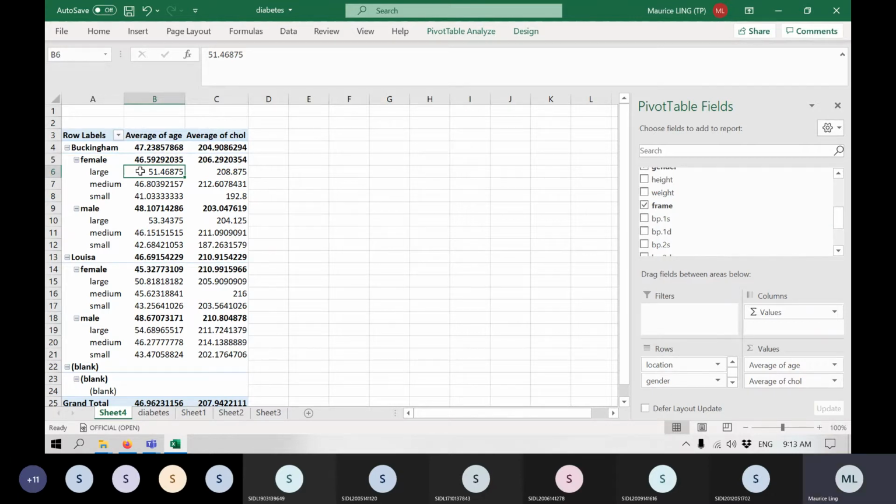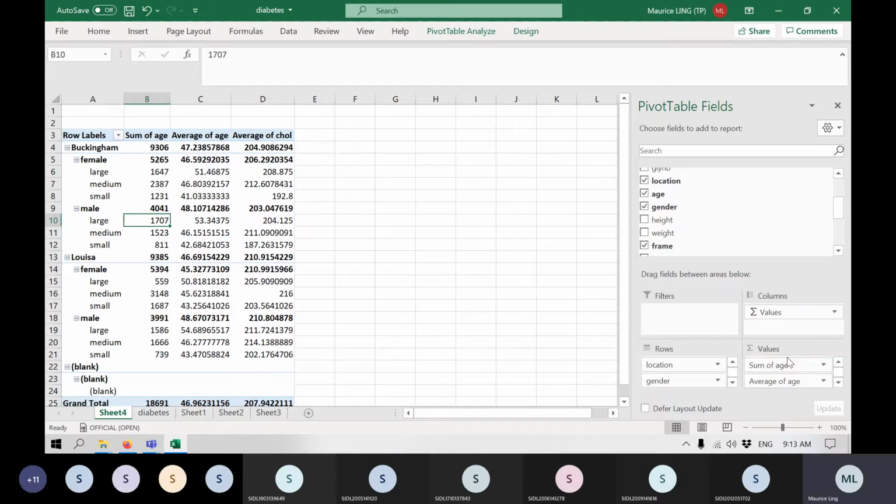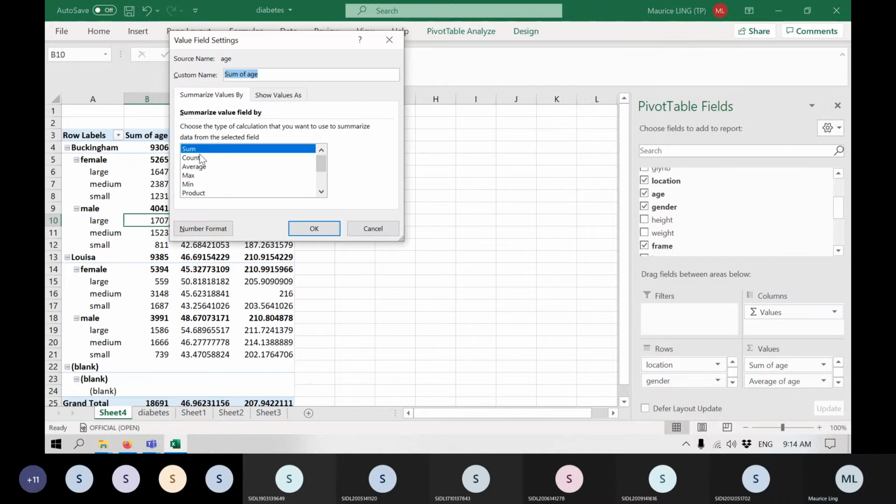Sometimes we pull out so many, we want to see how many males are actually large frame in Buckingham. It's fine. I can just take the age again and go on top. Instead of sum of age, I just go to count.